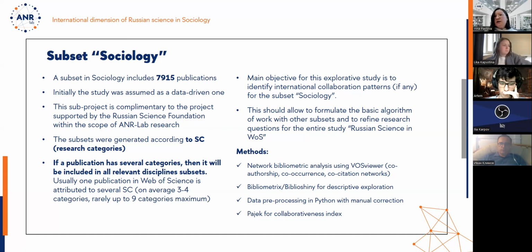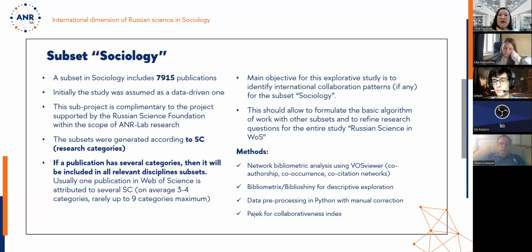And we decided to split these subsets according to SC. This is the Web of Science research category. And normally every publication indexed in the Web of Science has several research categories attributed. For example, on average, this is 3-4 research categories, but there are some publications with even up to 9 categories.